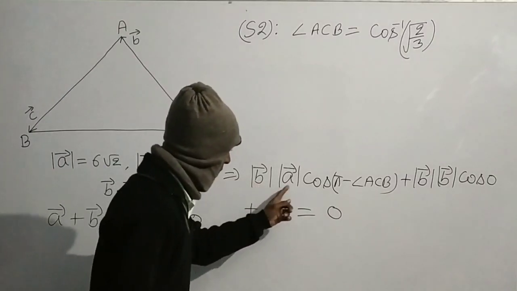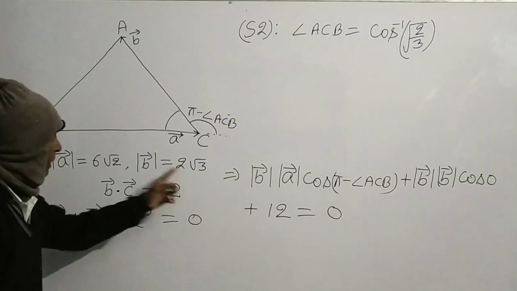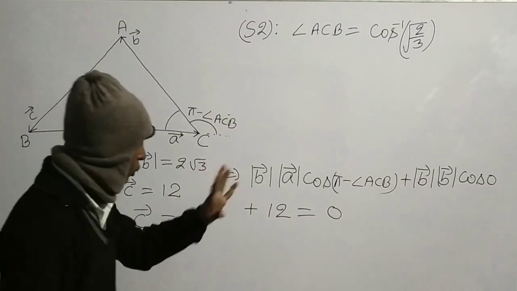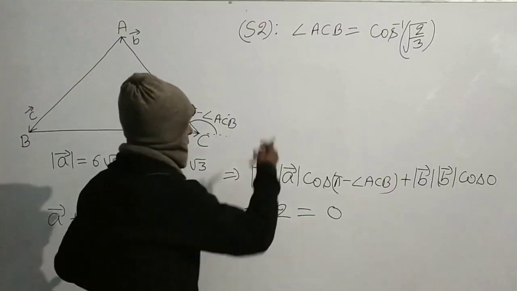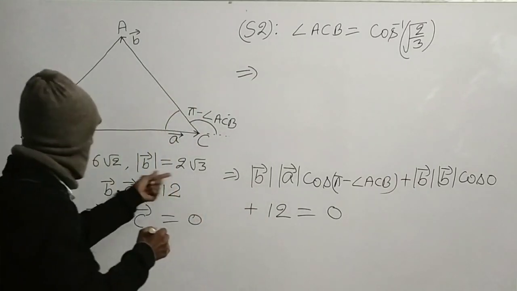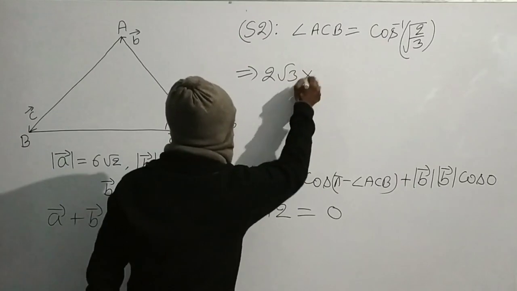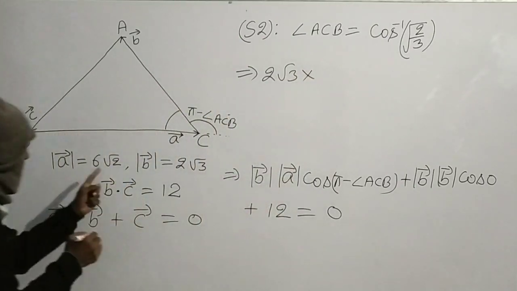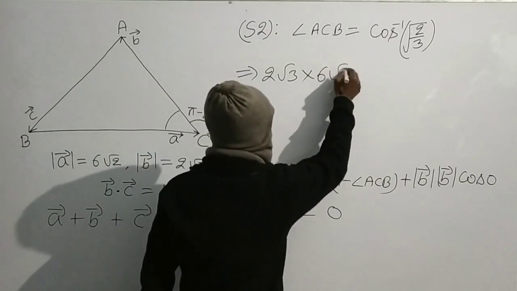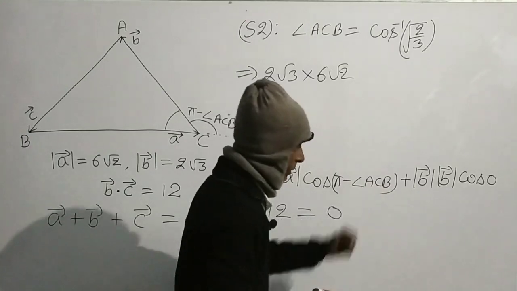Mod of B times mod of A, value of mod of B and mod of A are given in the question. Therefore, we will write mod of B 2 root 3 times mod of A 6 root 2 cos pi minus angle ACB.